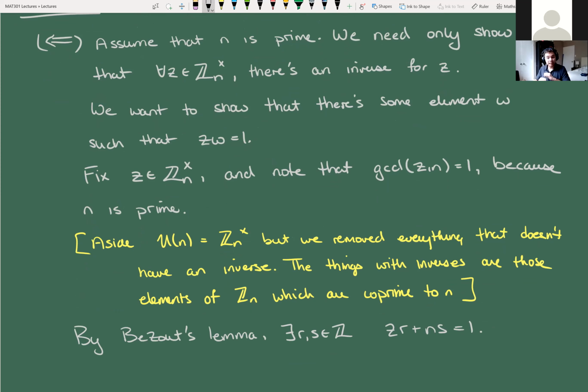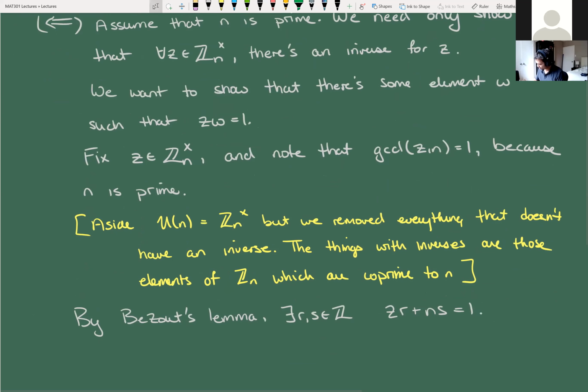Now, this is true in the whole integers. What happens when I reduce this equation mod n? So if we reduce mod n, this becomes, right, just ZR is equal to 1.